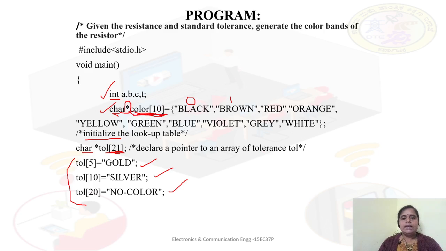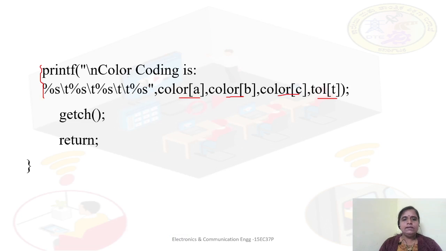I go to this and pick up that respective index, that respective value from this lookup table. So the color code is color of A, color of B, color of C, and tolerance T. This is how, by using just a single line, as we have used the lookup table here, I can get the output of the program.